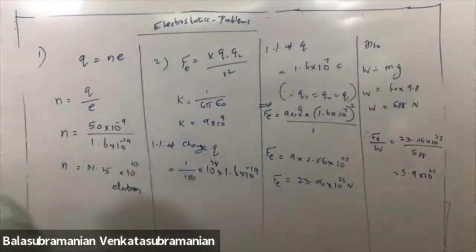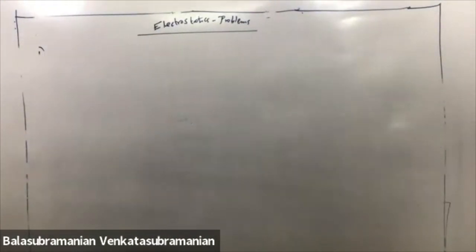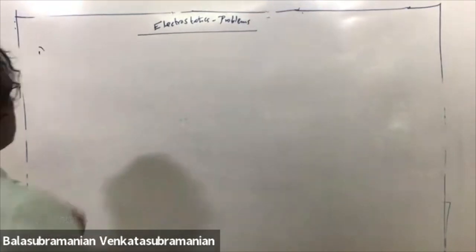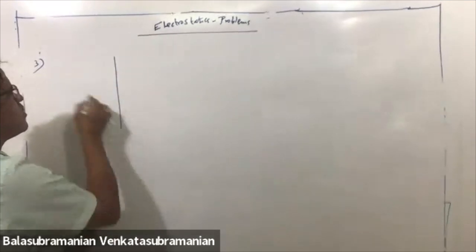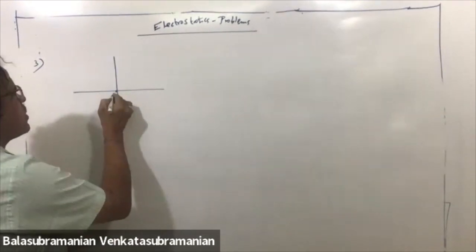Next, third one. Five identical charges Q are placed equidistant on a semicircle as shown. Another charge Q is kept at the center of the circle of radius R. Calculate the electrostatic force experienced by the charge at the center.